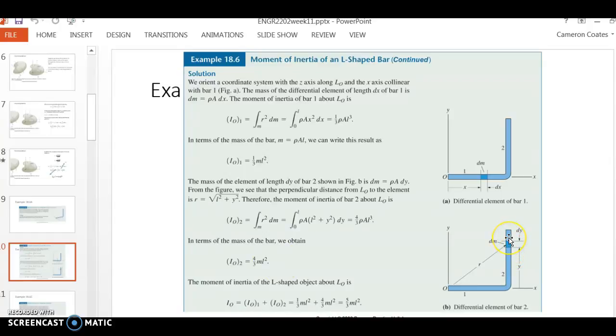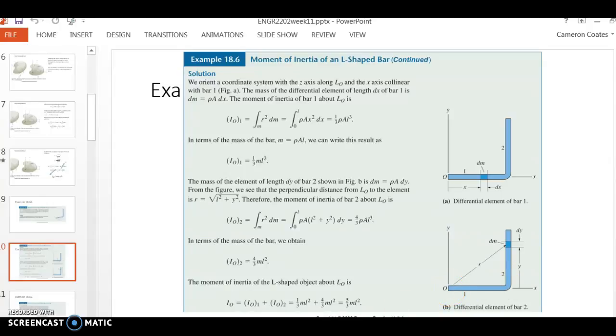Now guess what? Moment of inertia is additive, as long as we're talking about the same axis. So if I know the moment of inertia of this piece, bar 1, let's say, about an axis through O, and I know the moment of inertia of the other piece about the same axis through O, to find the moment of inertia of the combined pieces, I can simply sum the two moments of inertia that I had previously determined.